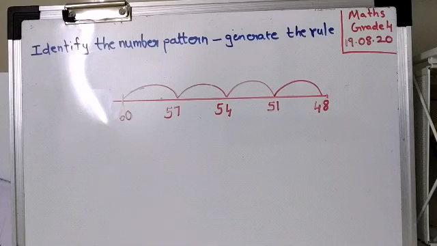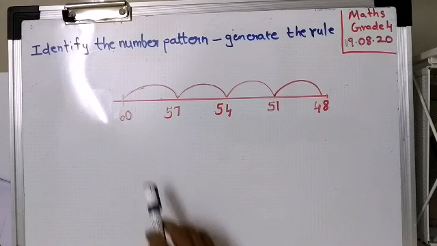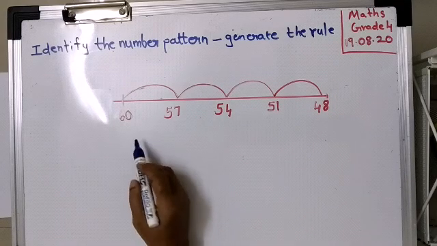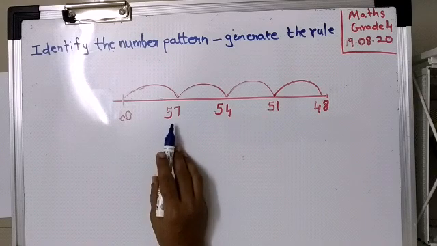So who can tell me what is the rule? What is the number pattern here children? Yes, think. It is simple, just think. The rule is what children? It is minus 3.